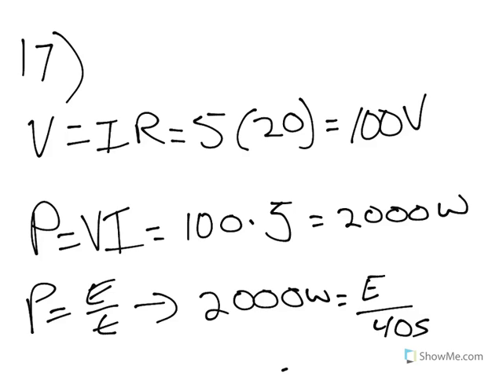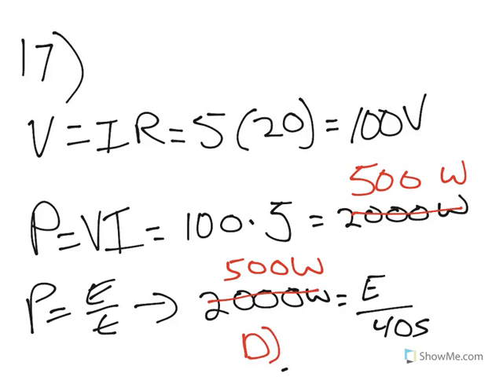So this is no longer 2,000, it's 500 watts, which makes more sense. So we do 40 times 500, and we get the answer D, which is 20,000 joules. Sorry about that.